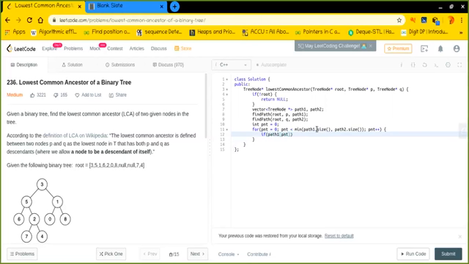Okay, if the mismatch happens at any point, one thing to take care of is this path vector or path array doesn't contain the value, rather it contains the node.